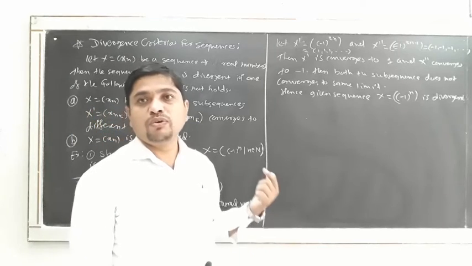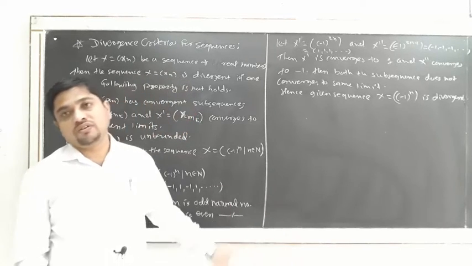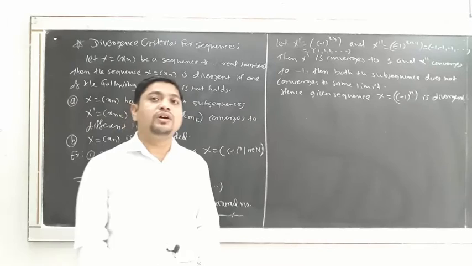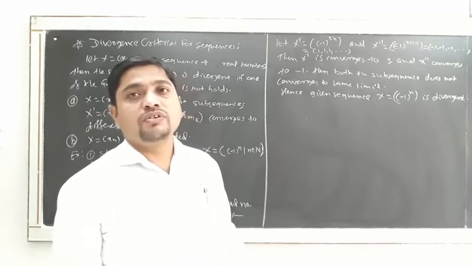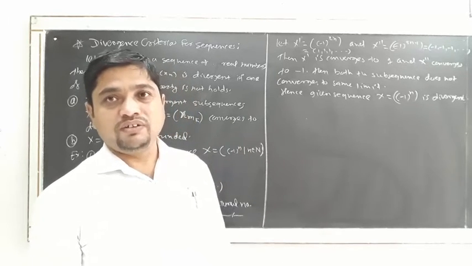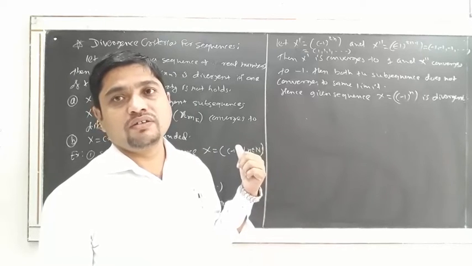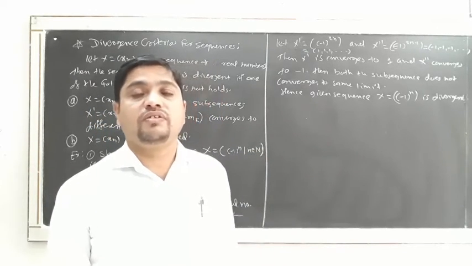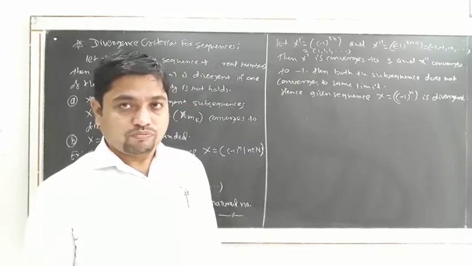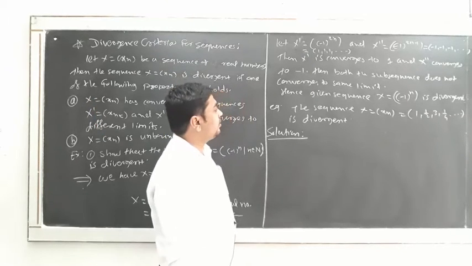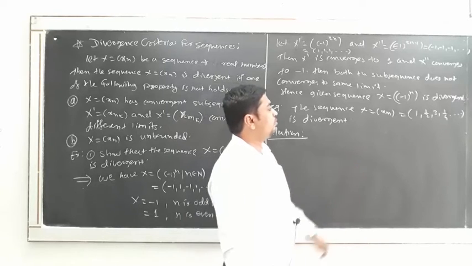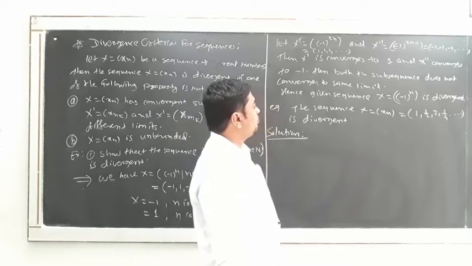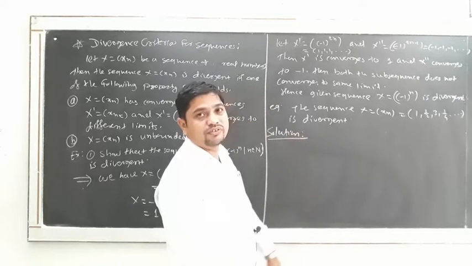Both converge to different limits, therefore we say that oscillatory sequences are always divergent. Okay, now we prove a second example, that the sequence xn = 1, 1/2, 3, 1/4, and so on is a divergent sequence.